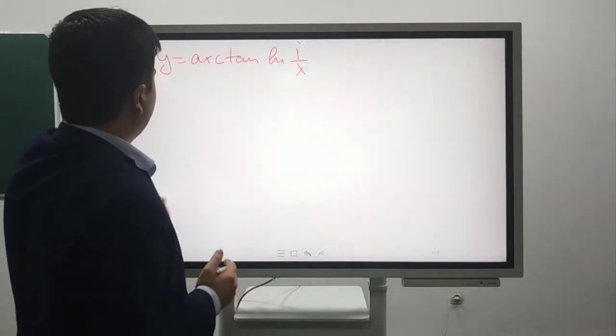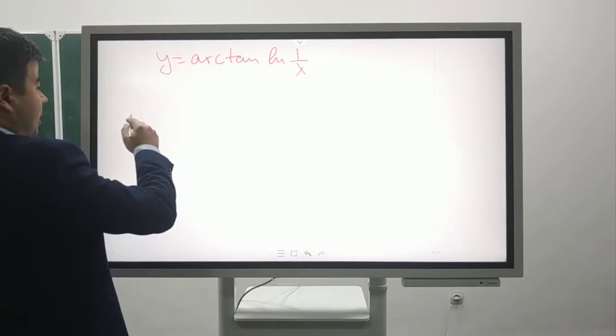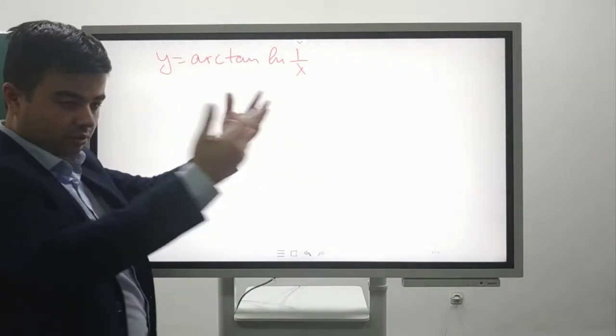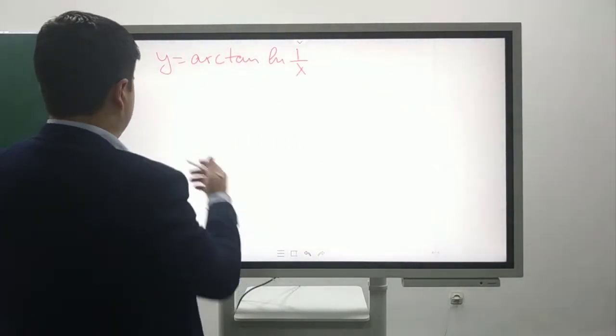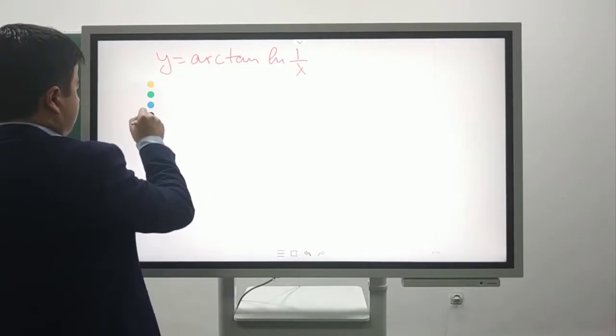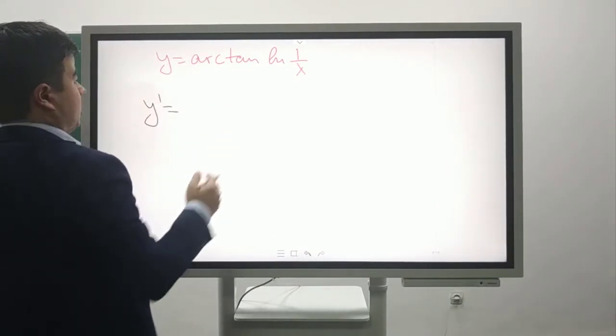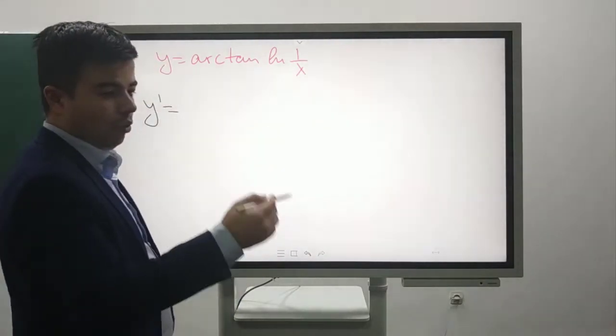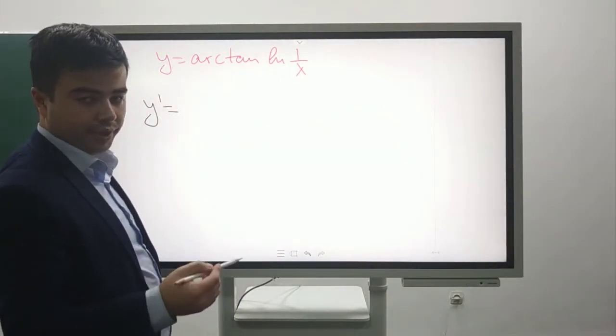Let's begin with arctangent x, the first one. Here y prime is the derivative of arctangent x, which is 1 over 1 plus x squared.